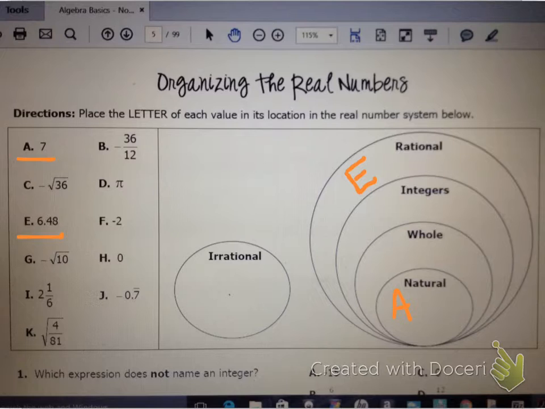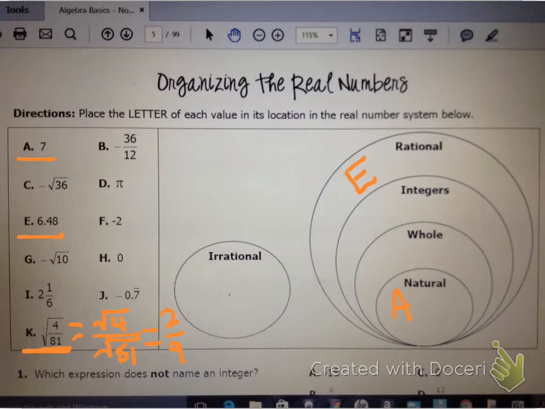Let's try one of the little bit difficult ones here, because you may have difficulty remembering how to simplify this. Whenever we have an expression like this, you could break up the radical. So you get the square root of 4 over the square root of 81. And if you remember your square roots, the square root of 4 is 2, square root of 81 is 9.